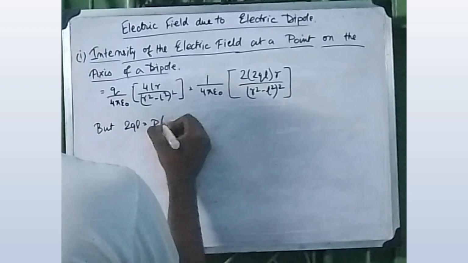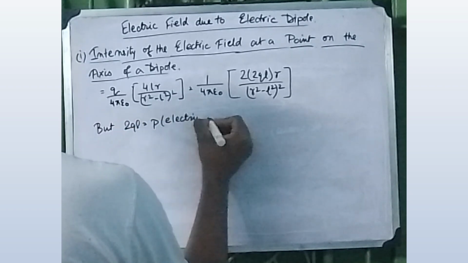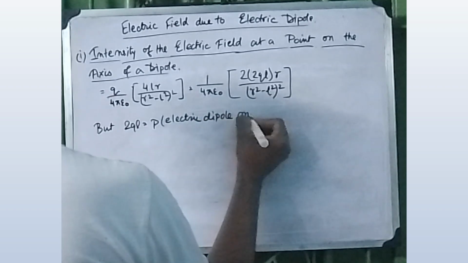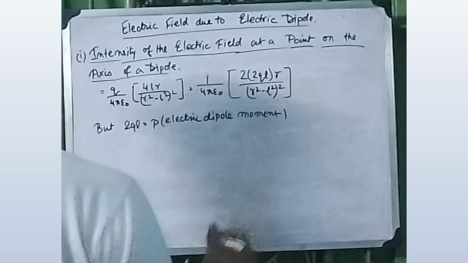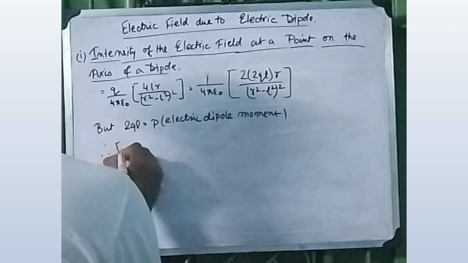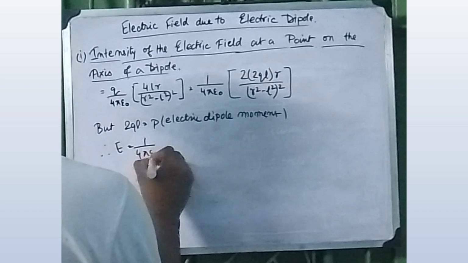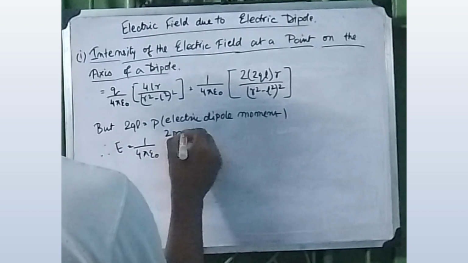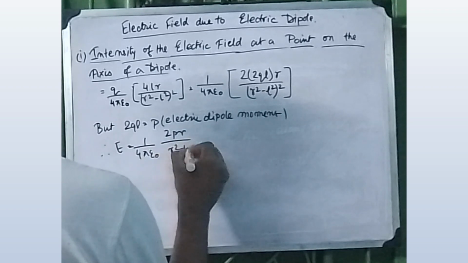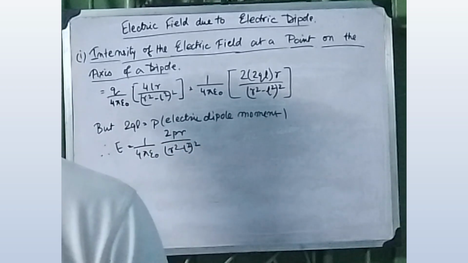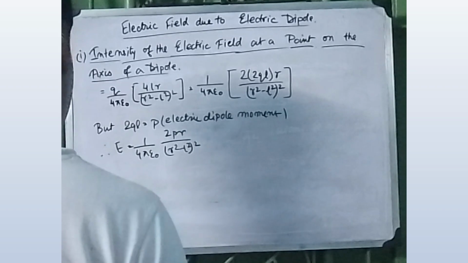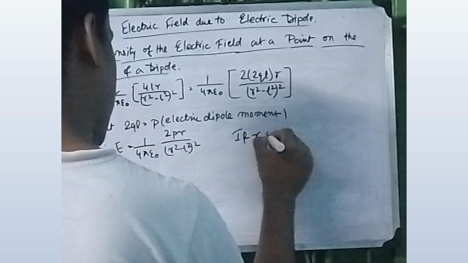But here 2ql equals p, the electric dipole moment, p is the momentum of a dipole. Therefore E equals 1 by 4 epsilon naught 2pr divided by (r square minus l square) whole square.